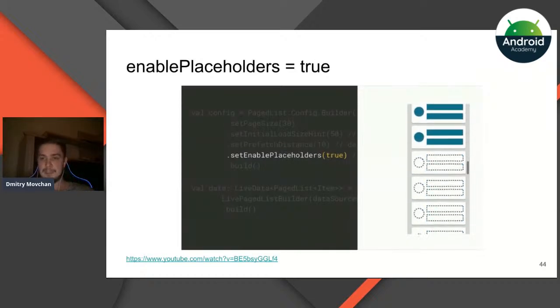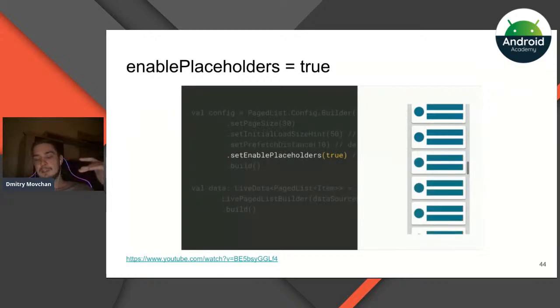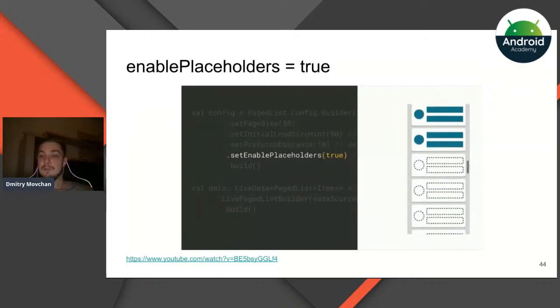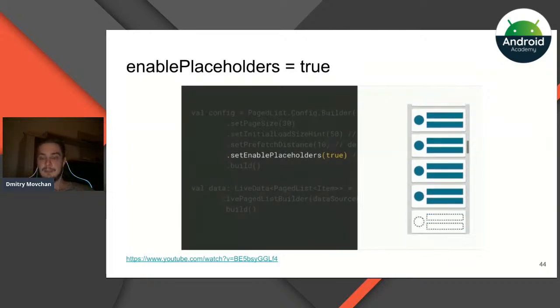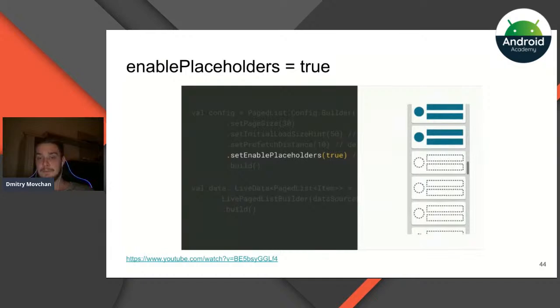But if we set it to true, we should create another holder for our loading items, and so on. It will be much more work on our side. But once we scroll our list to the not loaded items, there will be our placeholder for it, the scroll bar will not jump, and items will be presented in the place where placeholders were.